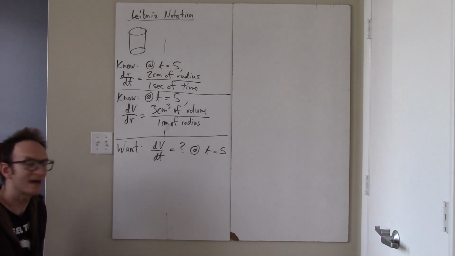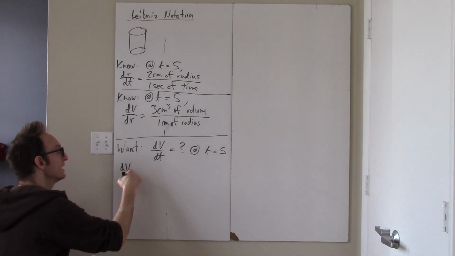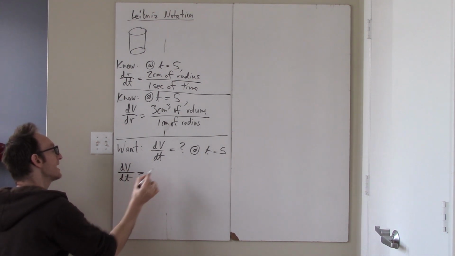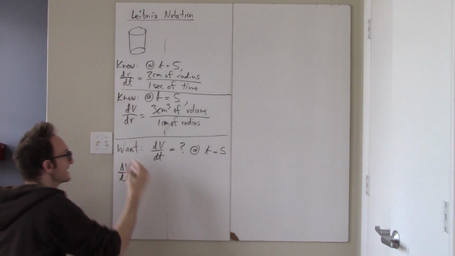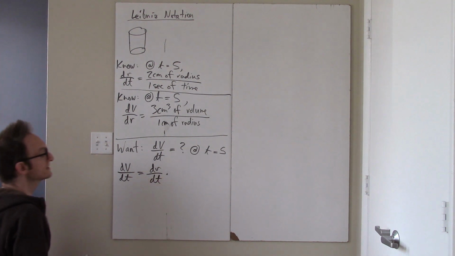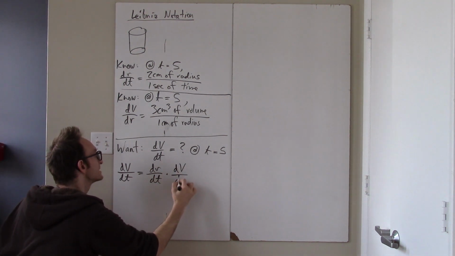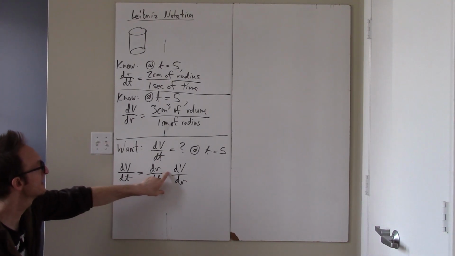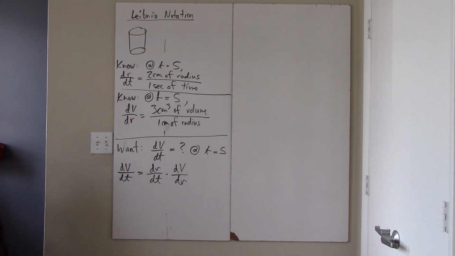Well, in this case, I feel like the answer is just obvious. If what I want to know is the rate at which the volume is changing with respect to time, then of course I can just say, well, how fast is the radius changing with respect to time? And how fast is the volume changing with respect to the radius? And here it's clear that multiplication is appropriate because rates just multiply.